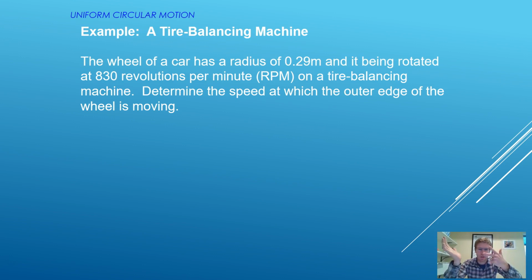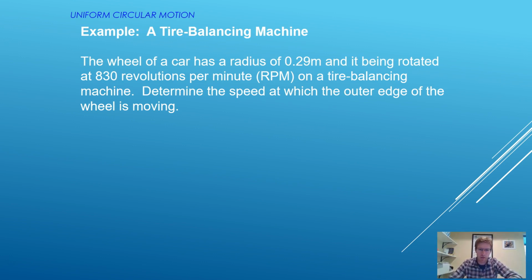I'll give you a hint. It's one of those. What do you think? Make a guess. If you said frequency, boom, nailed it. That is a frequency. It's a number of cycles, in this case revolutions, in a given period of time. So it's 830 revolutions per minute, which is a frequency. To determine the speed, you can pause the video and try to solve.